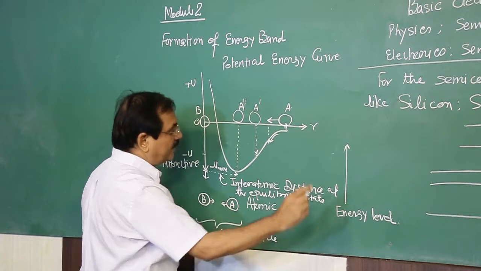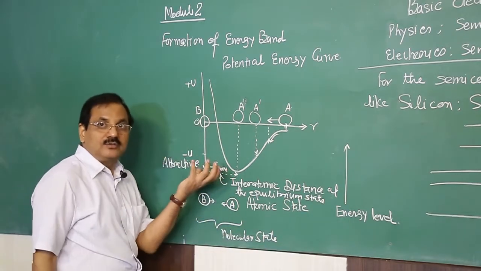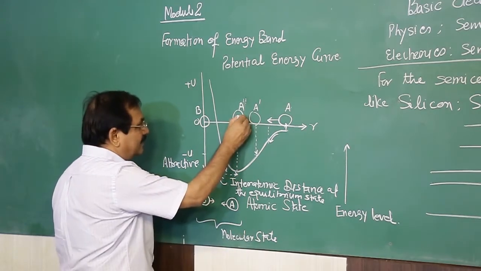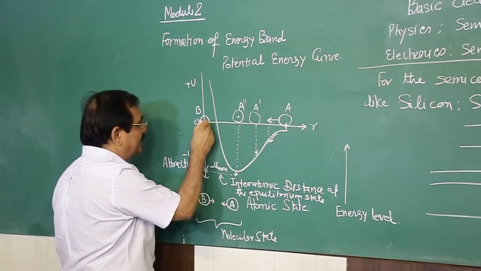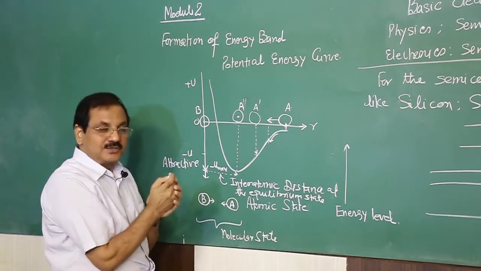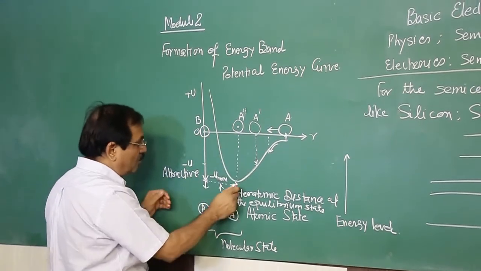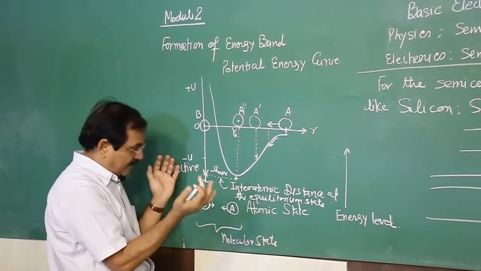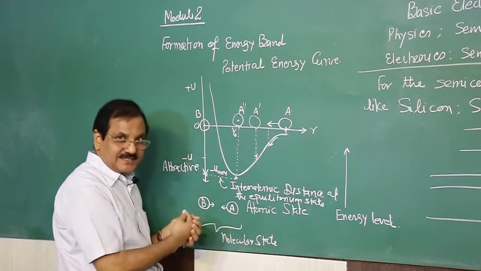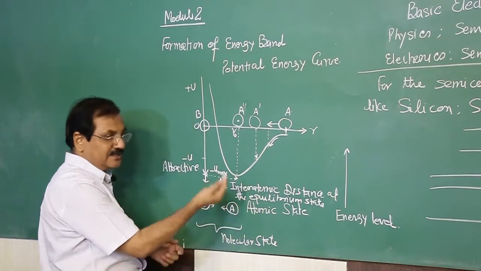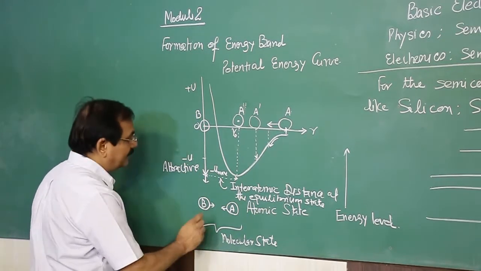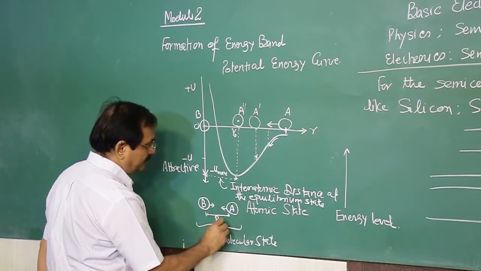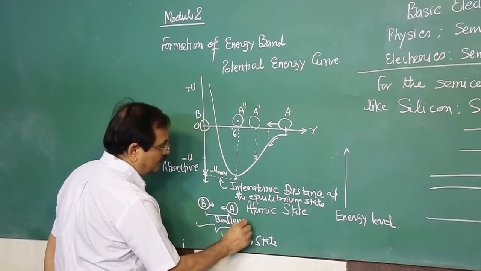At the equilibrium state, this is also known as the internuclear distance, because we are always taking the distance from the nucleus of A to the nucleus of B. So, this particular value R0 is termed as interatomic distance, equilibrium distance, internuclear distance, and finally, this distance is also called the bond length.